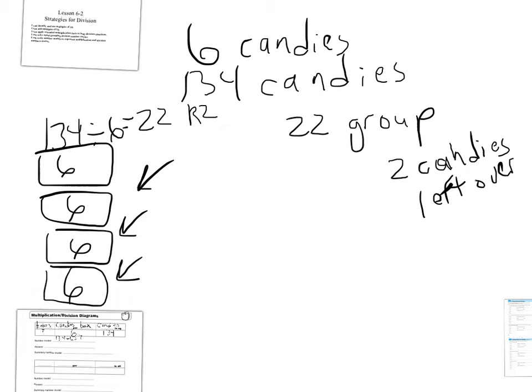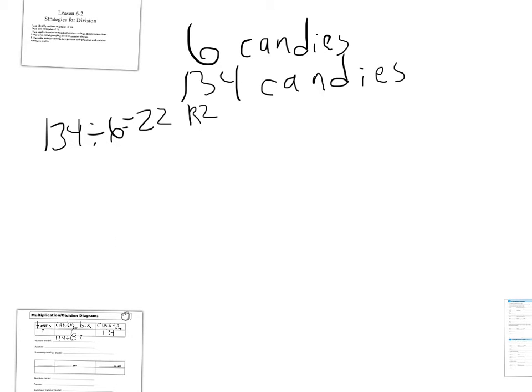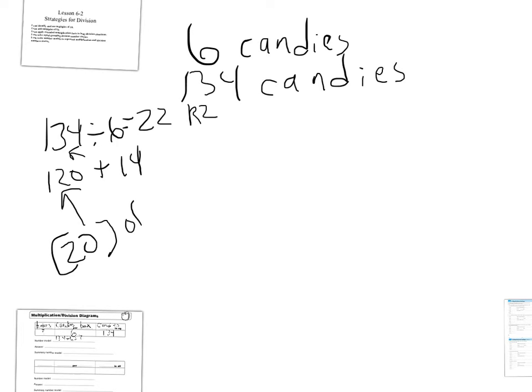Another way you could do it is to break 134 into smaller friendly numbers, like 120 plus 14. That's the same as 134. In 120 you could get 20 groups of 6, because we know 6 times 20 is 120.